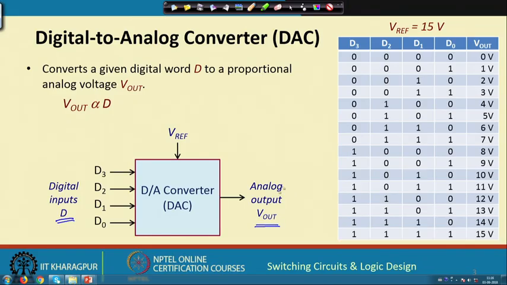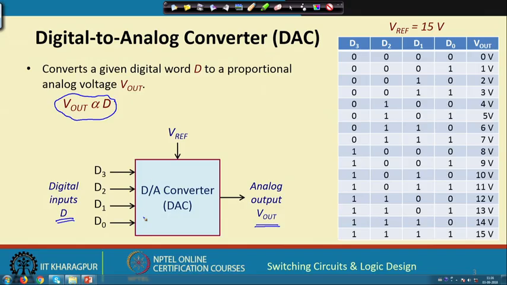This voltage is continuous in nature, that is why we call it analog output. The relationship between D and Vout is that Vout should be proportional to D. So, whatever digital data we are applying, the output voltage should be proportional to the decimal equivalent of it. This is how a DA converter works.